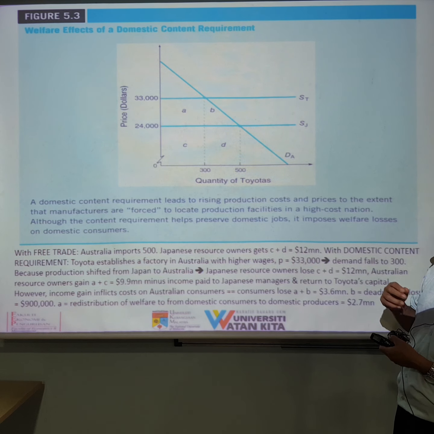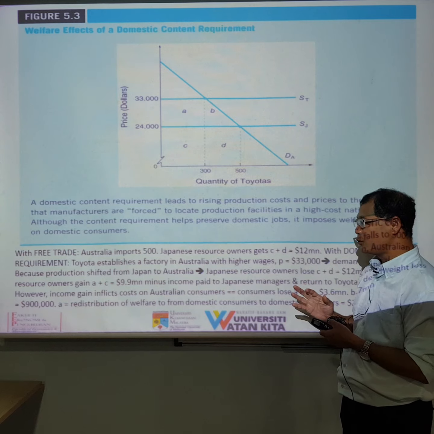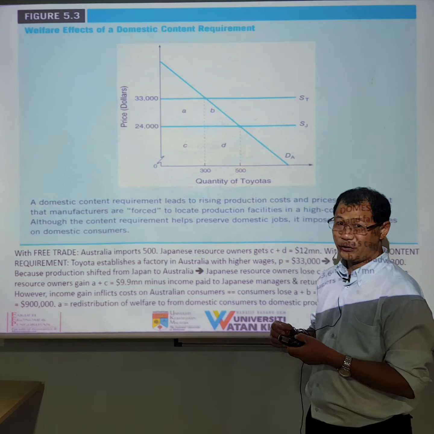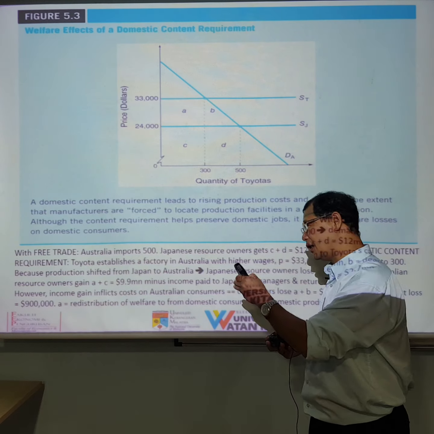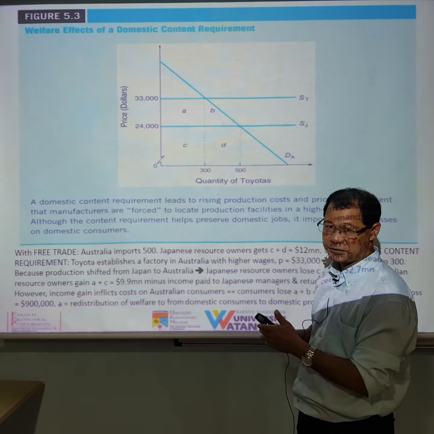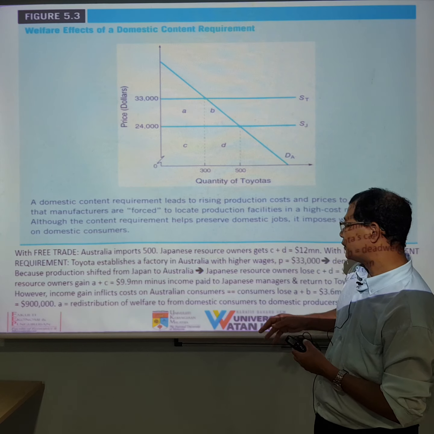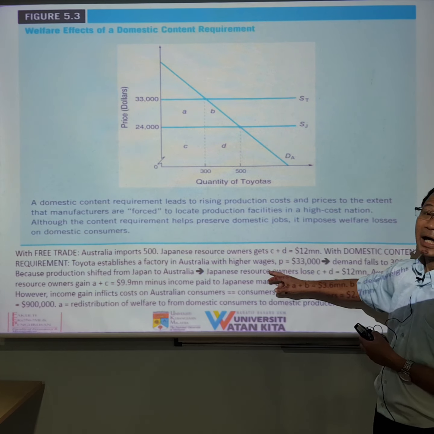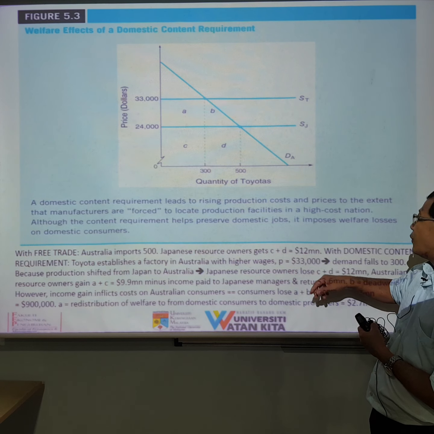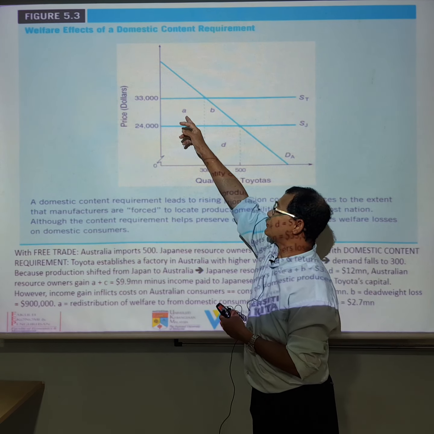Now, with the domestic content requirement, Toyota is forced to go to Australia to open a factory to manufacture cars in Australia, at higher wages in Australia. So the price goes up to $33,000.